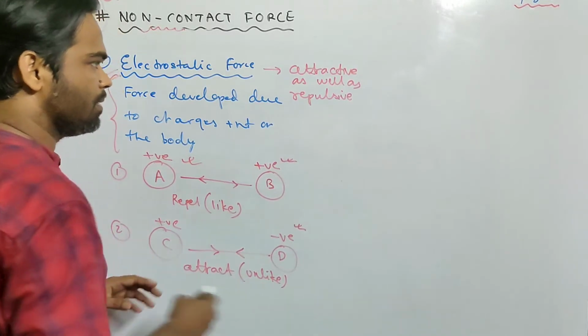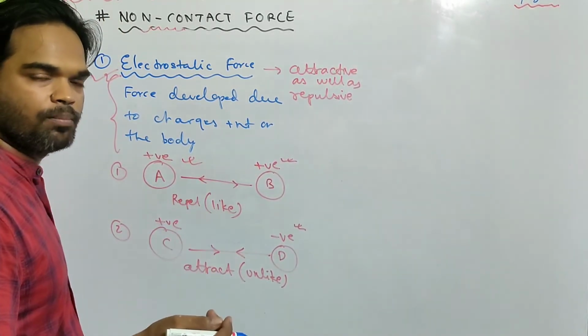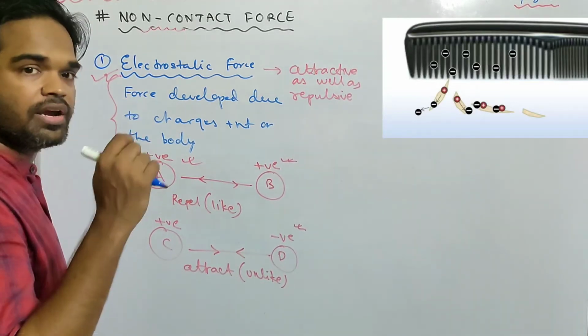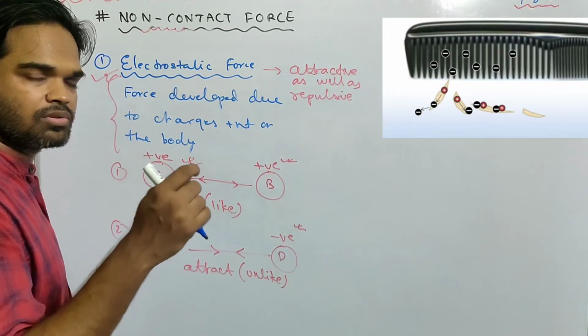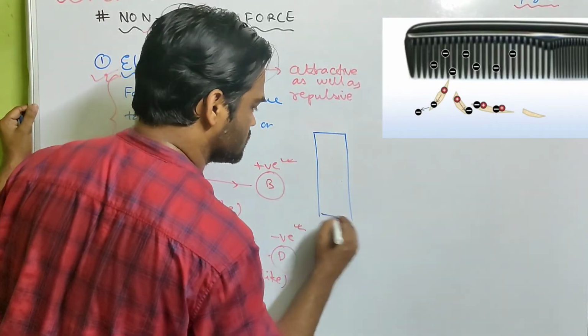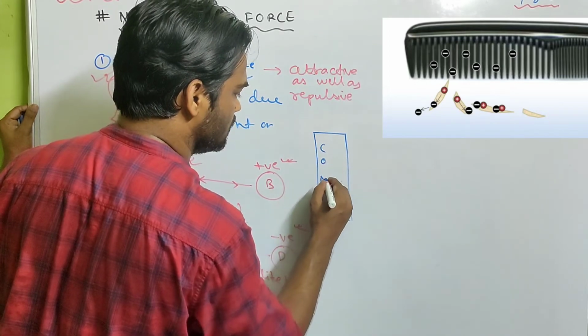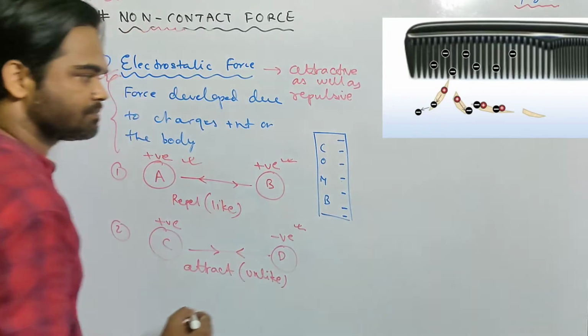Now, a very simple example, we can do it in our house also. Suppose you take a comb and you rub it against your hair. Then, due to the transfer of electrons from the hair to the comb, the comb becomes a negative charged body.